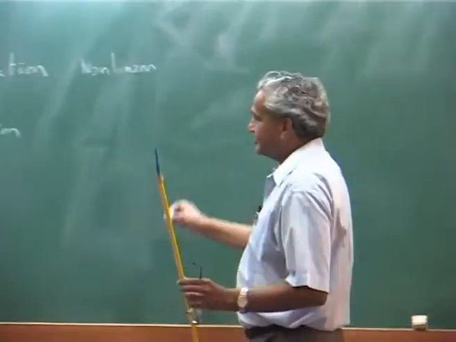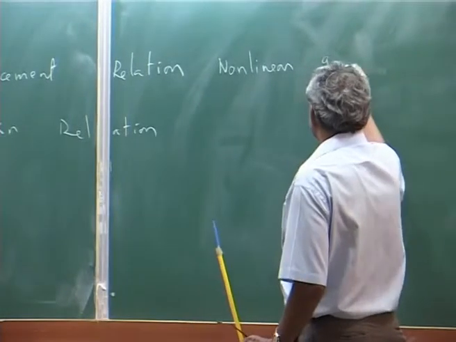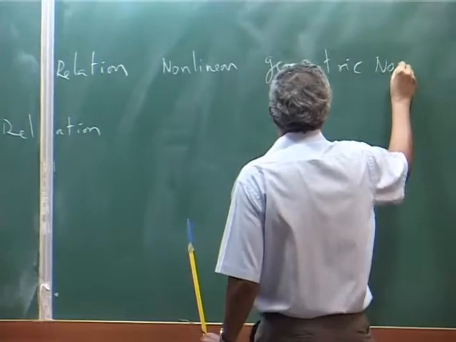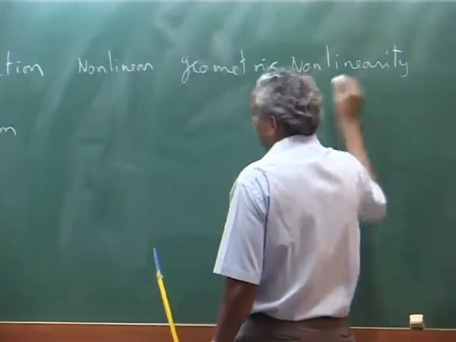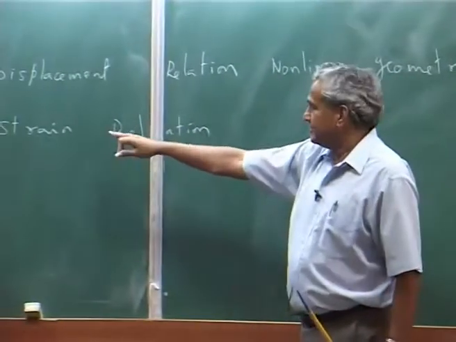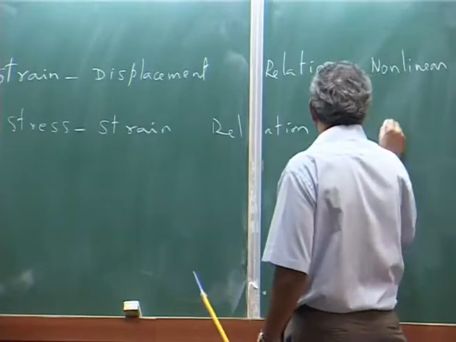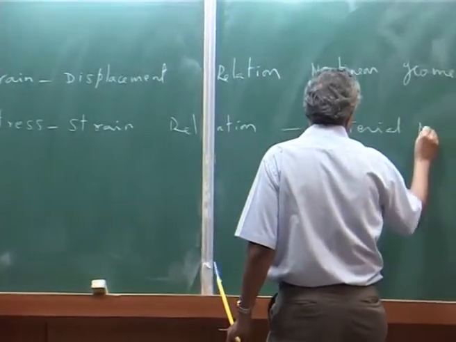So, this particular type of nonlinearity you call geometric nonlinearity, whereas when the stress-strain relation is nonlinear, that is the material nonlinearity.